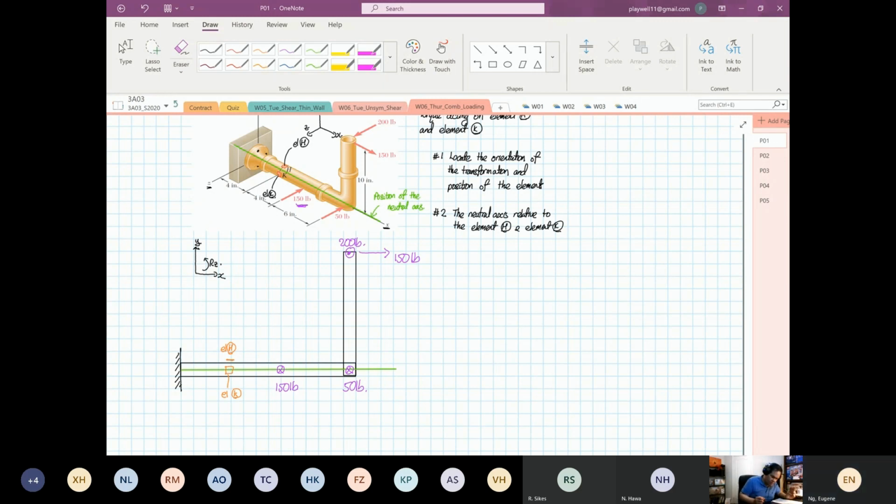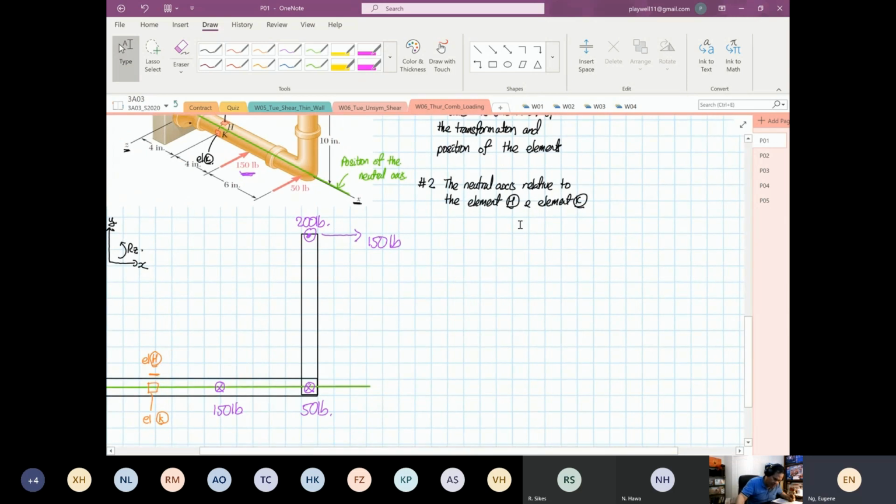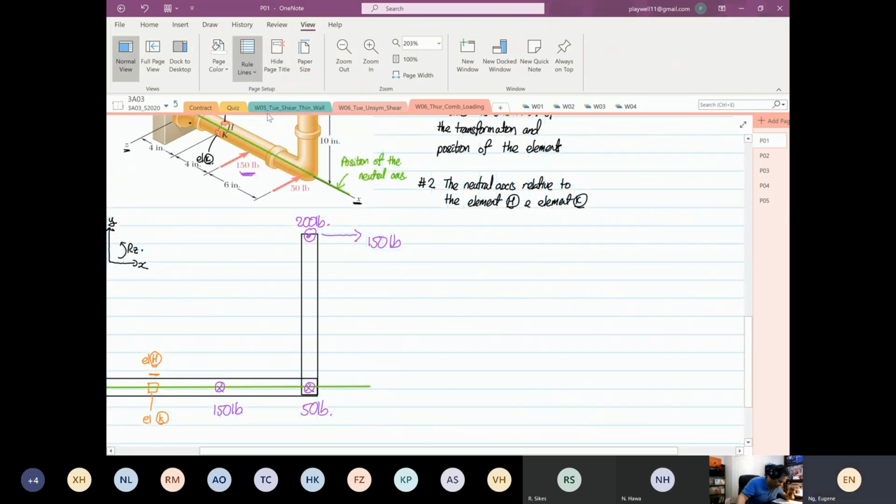Now the number 3 thing that you have to remember, once you start this drawing, I'll write this down. Number 3 is do not analyze the forces that are dots or cross.